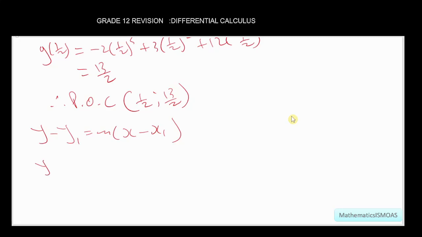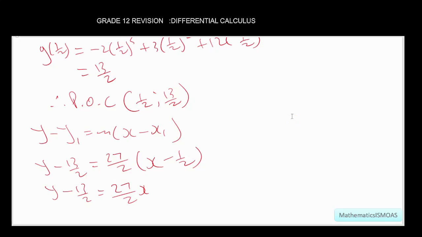Therefore, we say y minus 13 over 2 equals 27 over 2 multiplied by x minus 1 over 2.